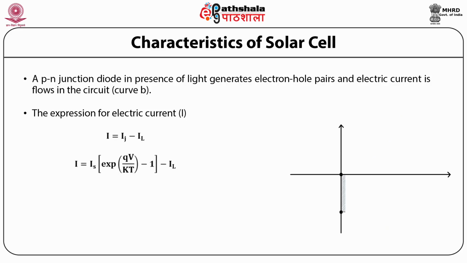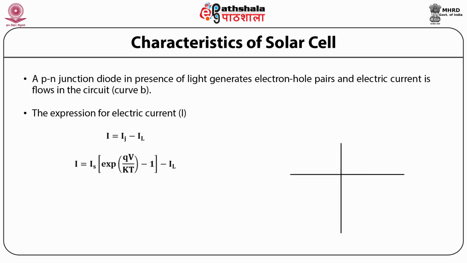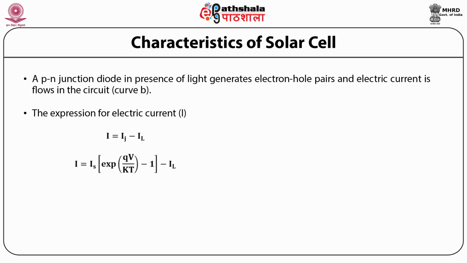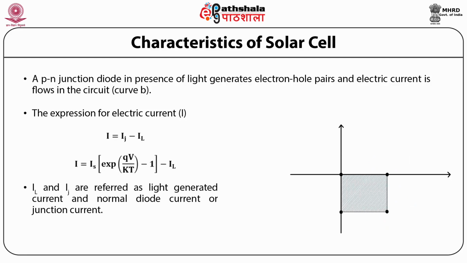So putting the value for Ij, we get I is equal to Is multiplied by exponential of qV by kT minus 1 minus IL, where IL and Ij are the light generated current and the normal diode or the junction currents respectively.